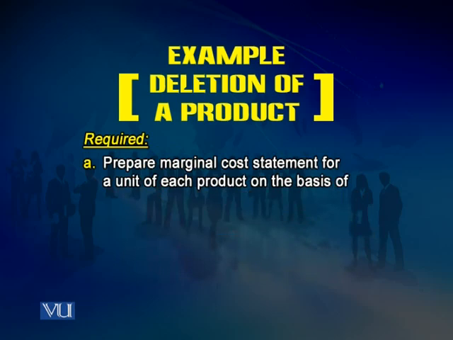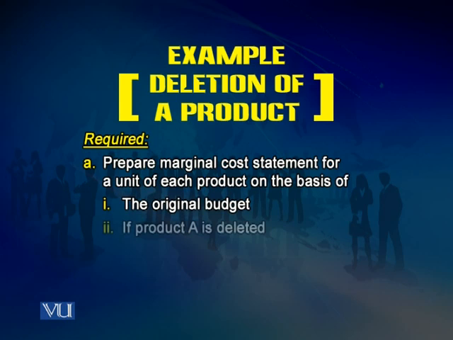We are required, A, to prepare marginal cost statement for a unit of each product on the basis of the original budget, and B, if product A is deleted.